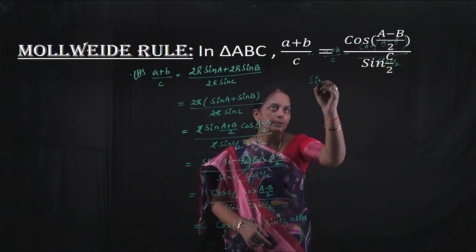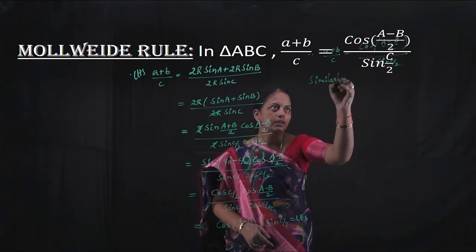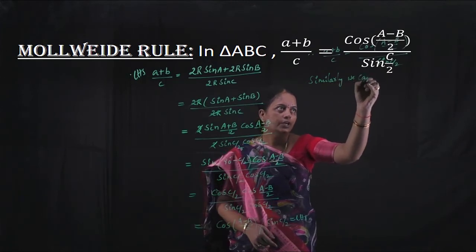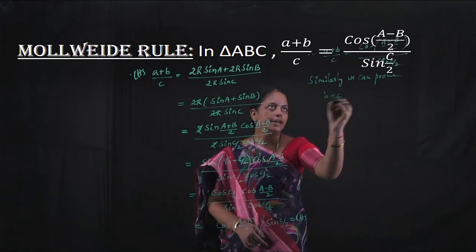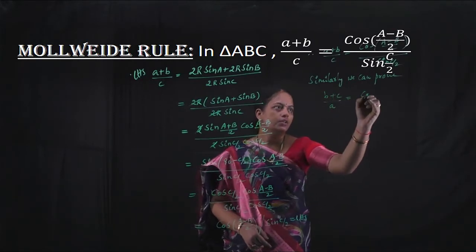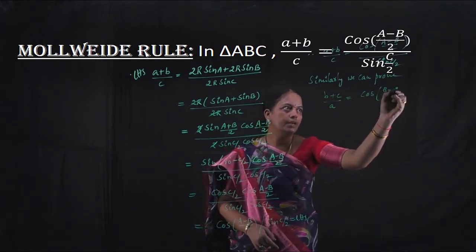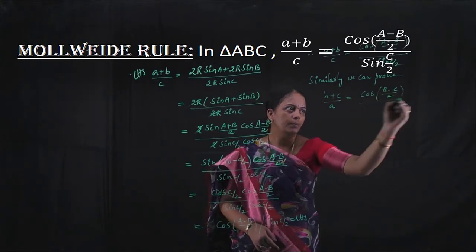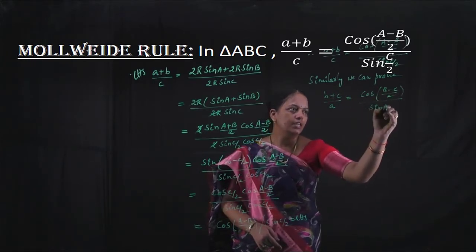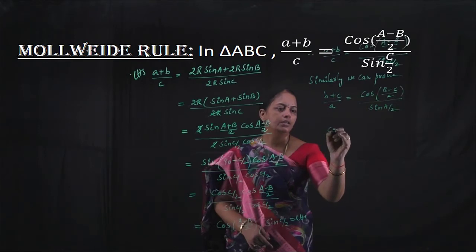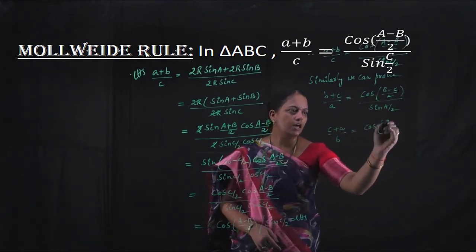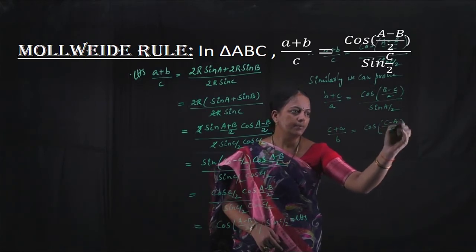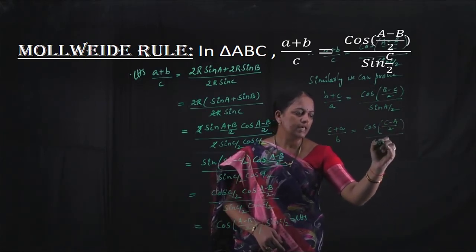Similarly, we can prove (b+c)/a is equal to cos of (B−C)/2 by sin A/2, and (c+a)/b is equal to cos of (C−A)/2 by sin B/2.